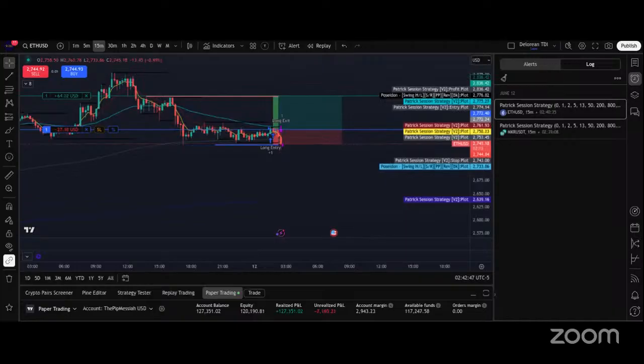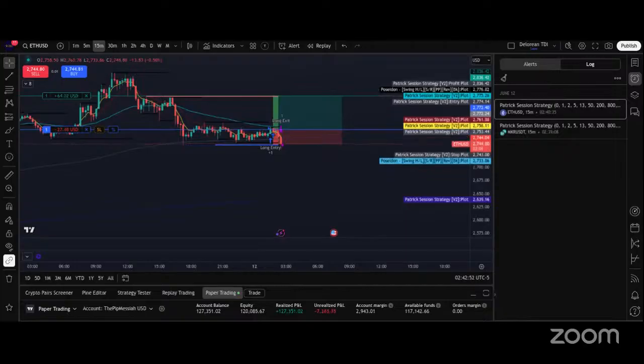So now it's lost 271, which brings us to 397 and 271. This brings us down to 59.43% win rate.